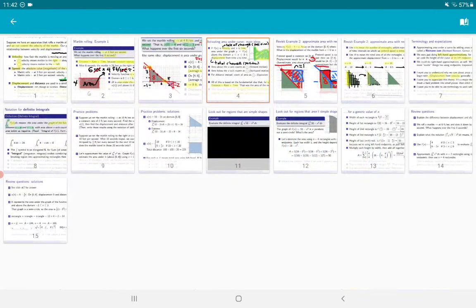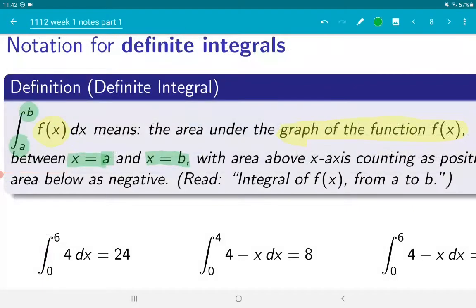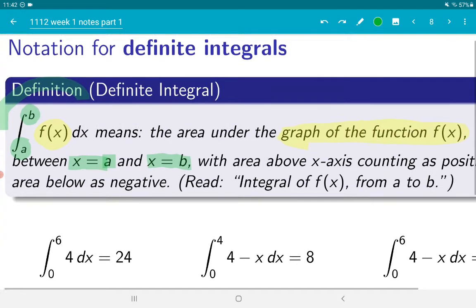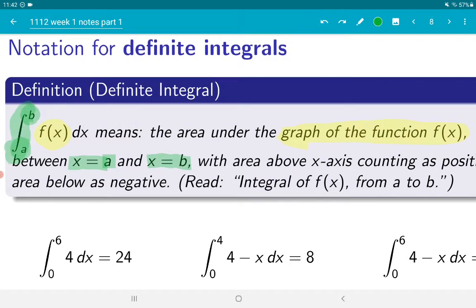And that is what this notation represents. That area that I just highlighted, that's what this whole set of symbols represents. So I would read this out loud as the integral, that's what that curly S symbol is, the integral of f of x, of the function f, from x equals a to x equals b.